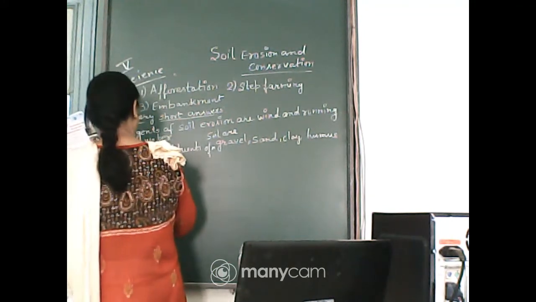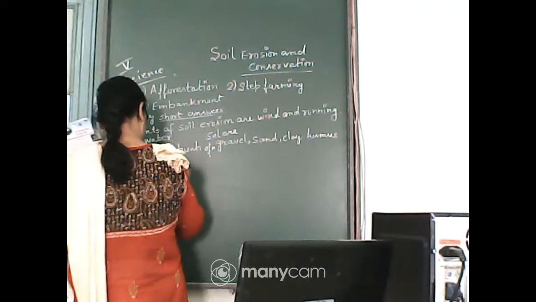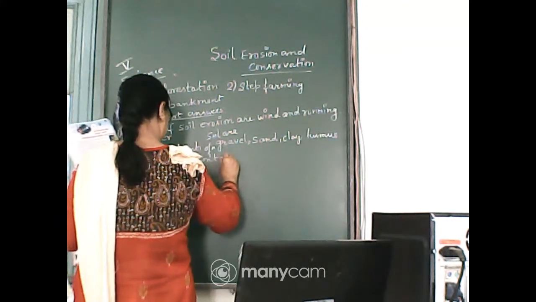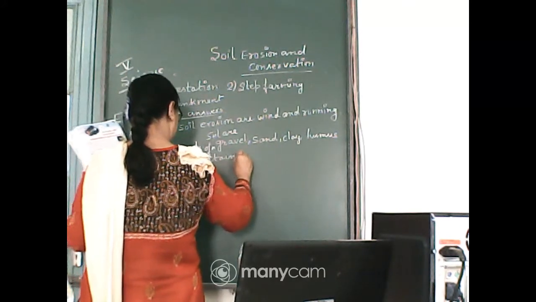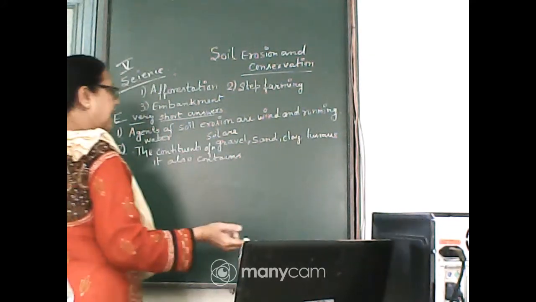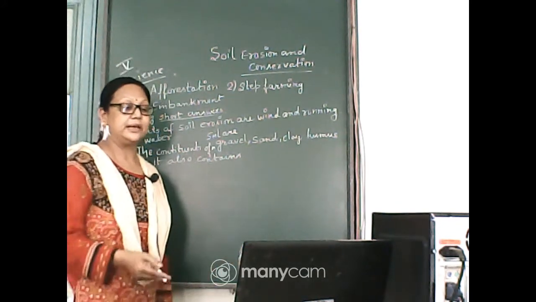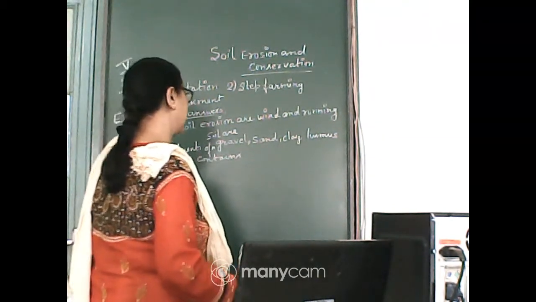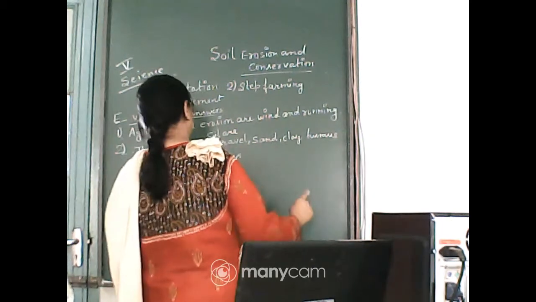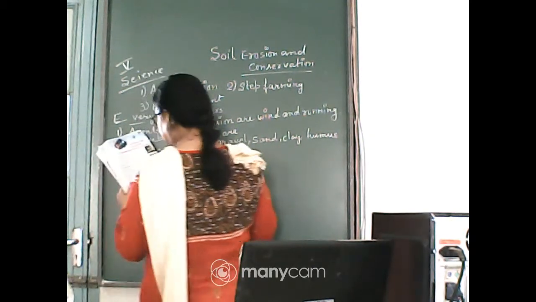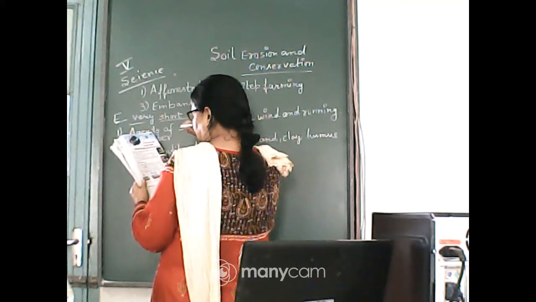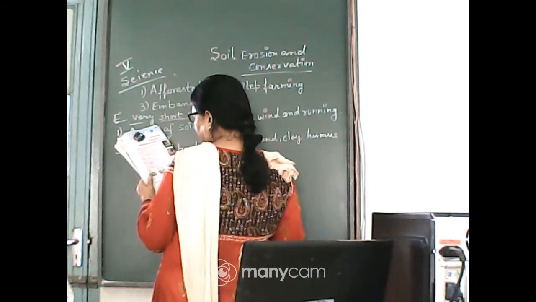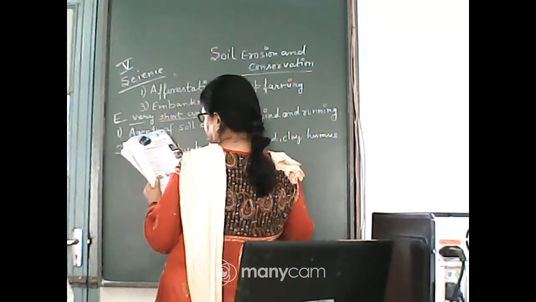It also contains air, water, microorganisms, etc. The constituents, or what it is made up of, are the same thing. So the constituents of soil are gravel, sand, clay and humus. It also contains air, water, microorganisms, etc.